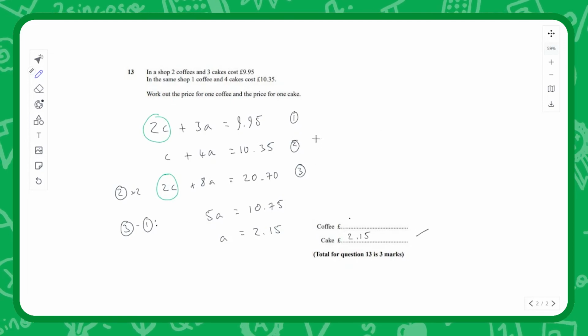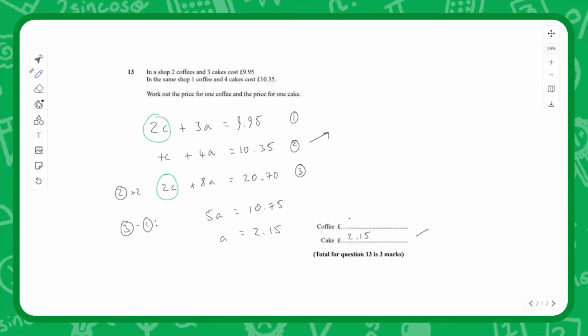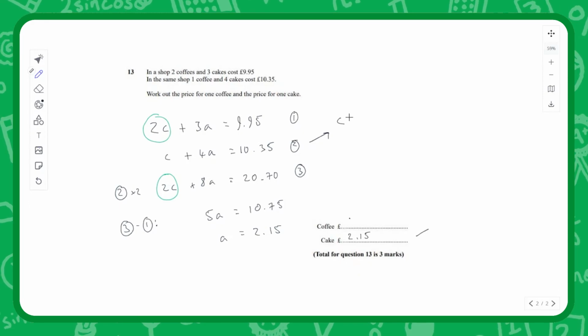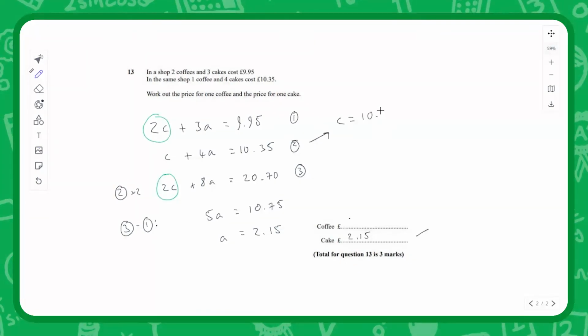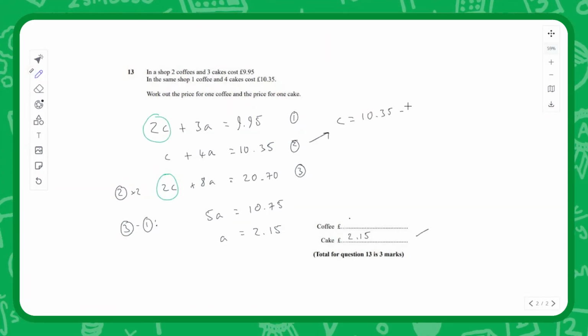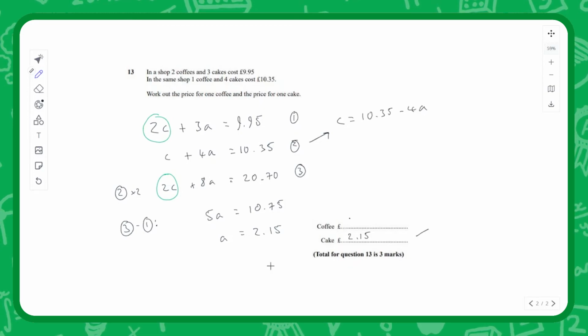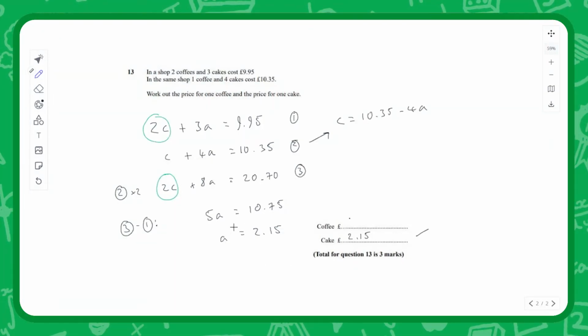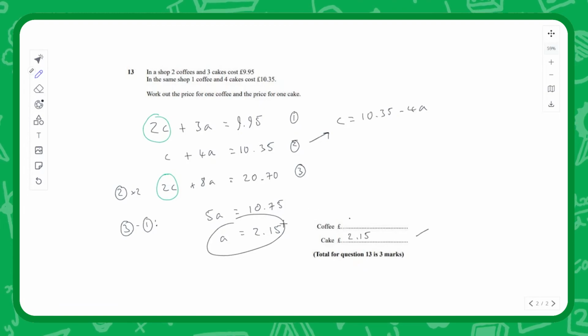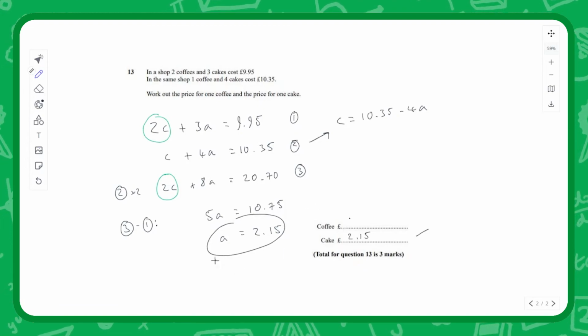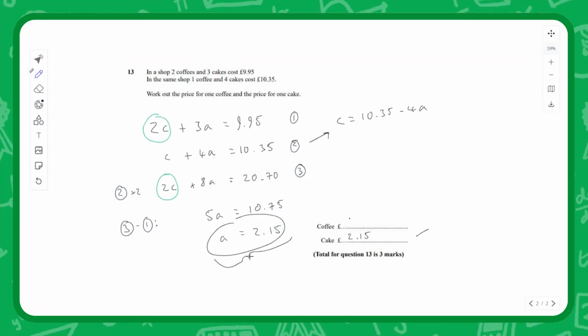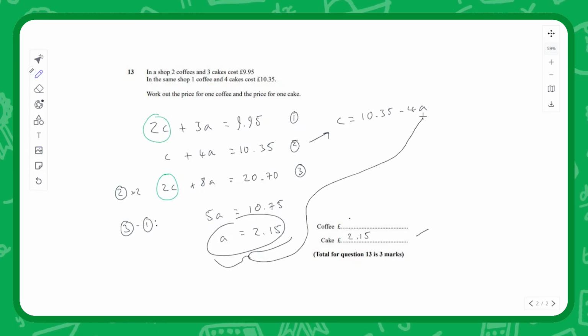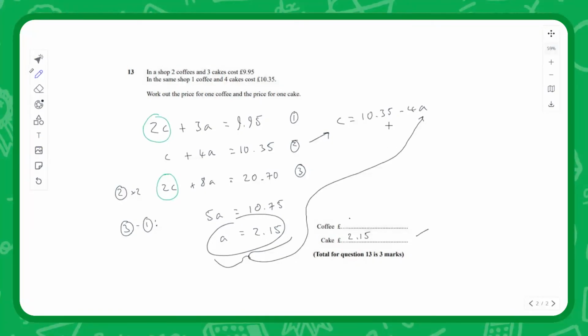If I take equation 2 and make c the subject, I get c is equal to 10.35 minus 4a. And I know that a is equal to 2.15. So I can take that value for a and put it in my equation.